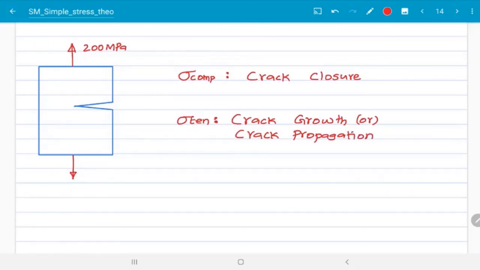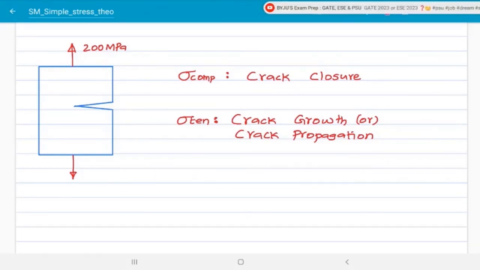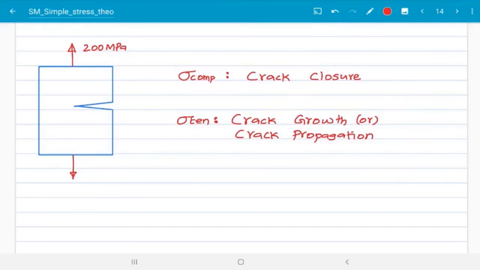Okay. Now you can understand why I asked that question. Now tell me which is critical, tension or compression? If the crack propagates like this, the material will be split into two pieces. So tensile is critical.